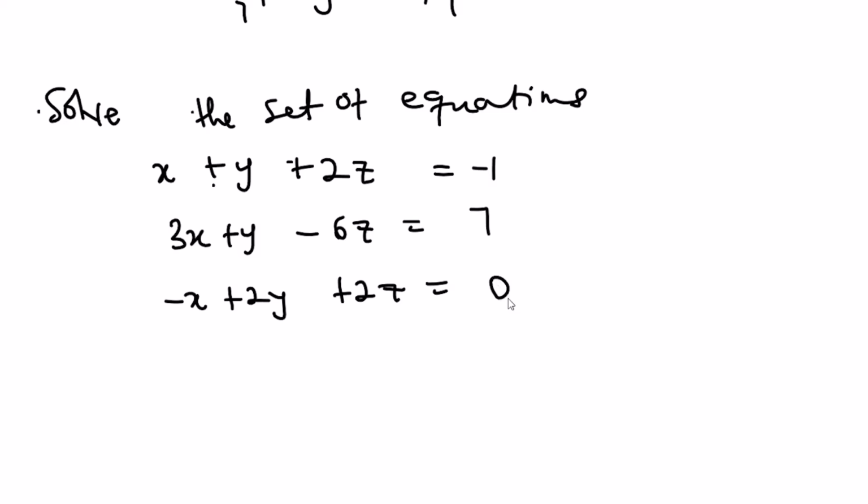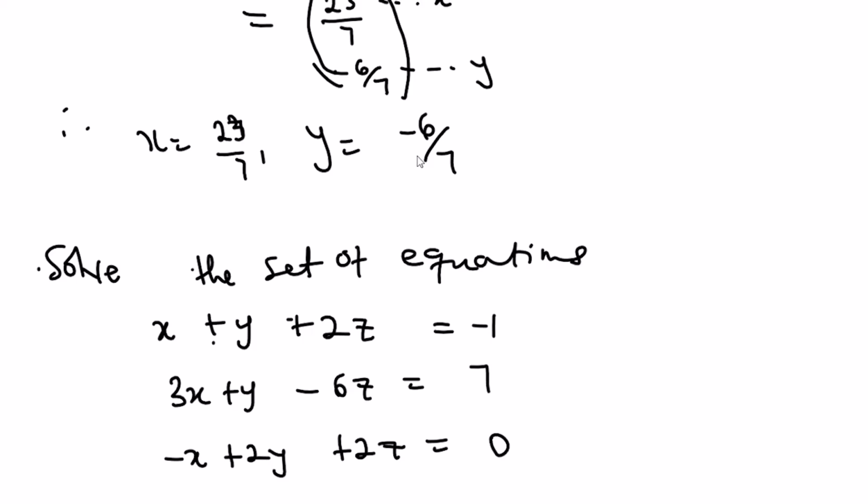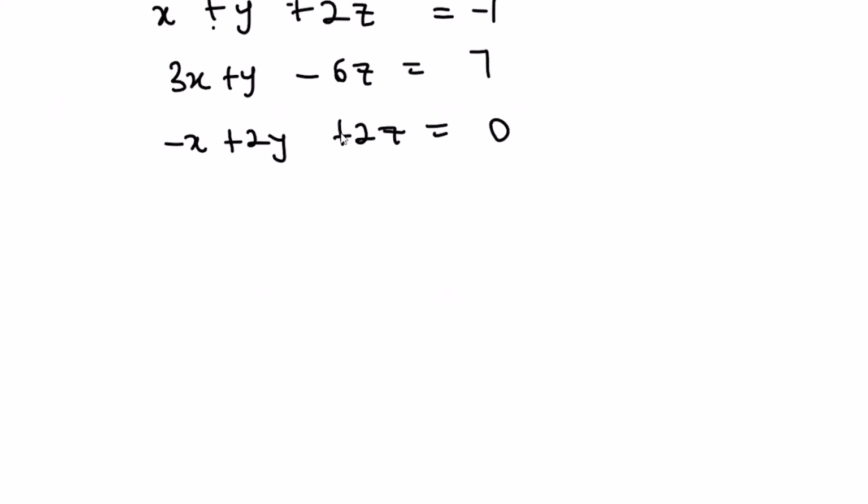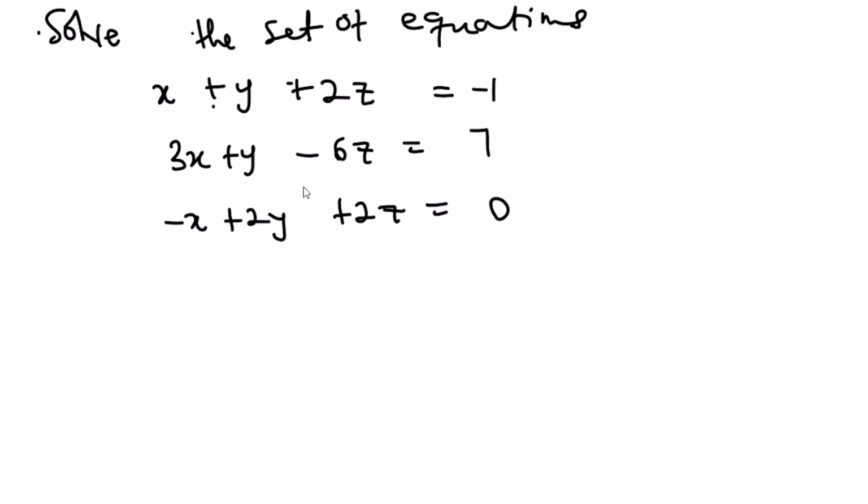Now the whole idea here, we are going to make use of the inverse approach, just like we did for the first one. The only difference here is that we have 3 set of equations. Yes. So in this case, the first thing we need to do, let's write it in a matrix form, the augmented form.